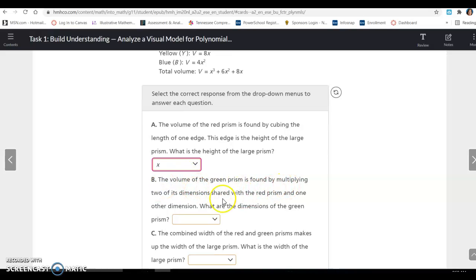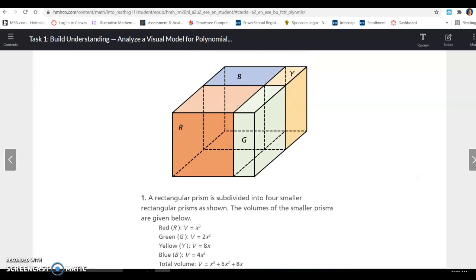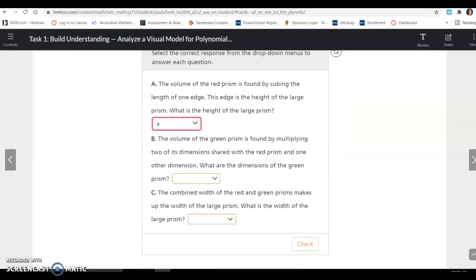The volume of the green is found by multiplying 2 of its dimensions shared by the red prism and one other dimension. So the green is shared by a height of x and a length of x, and this would be 2. So what are the dimensions of the green?